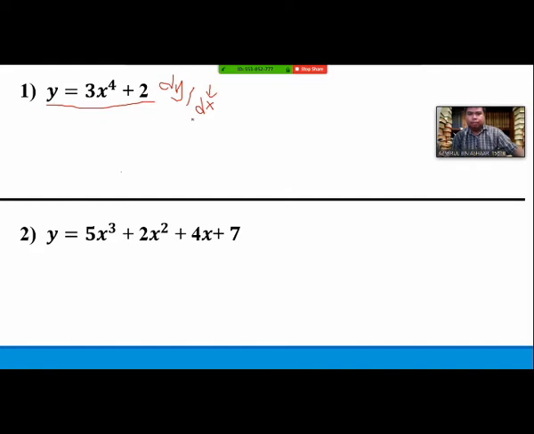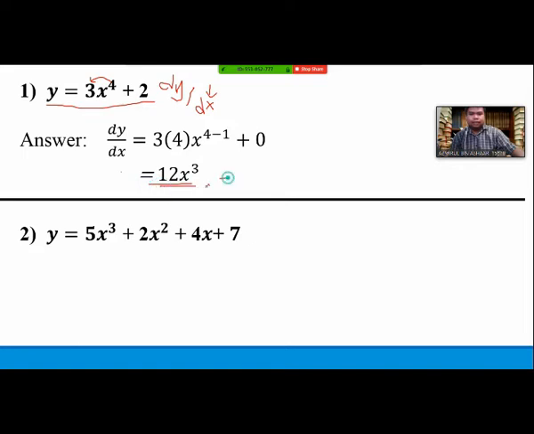So what will happen is dy per dx, the 4 moves to the front, becomes 3 multiplied with 4, and x power of 4 minus 1, while at the back plus 0, since there is no x, so it becomes 0, it's a constant. So 3 multiplied with 4 becomes 12, and x power of 4 minus 1 becomes 3. This is the answer. Easy, right?